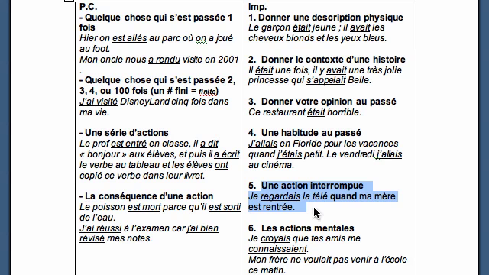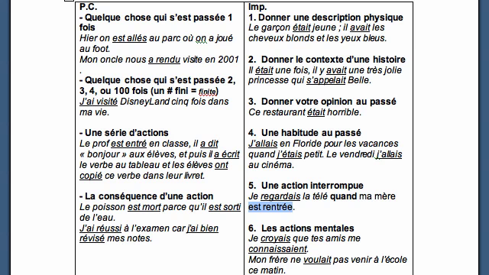Now, une action interrompue. Je regardais la télé quand ma mère est entrée. So the je regardais is imparfait, and the est entrée is your passé composé. So what was I doing? I was watching TV when my mom came in. Ma mère est rentrée, or came back.